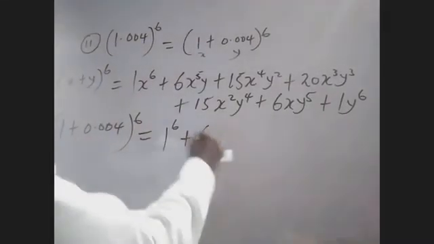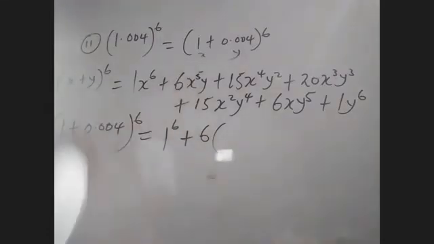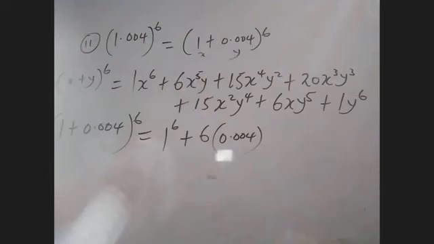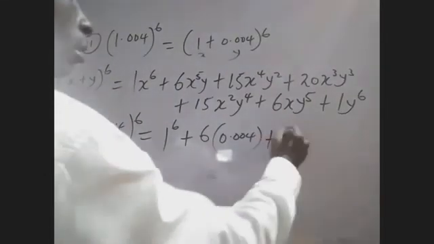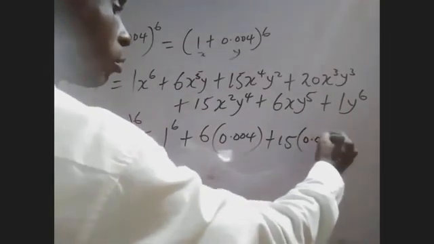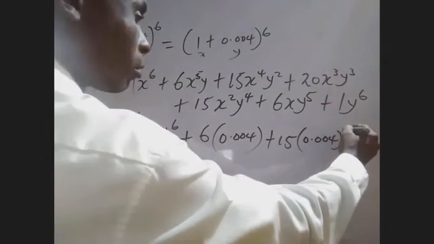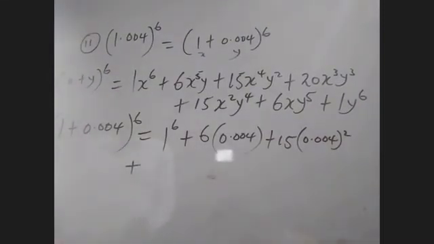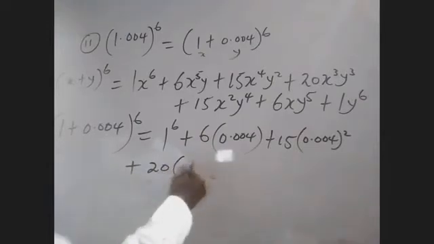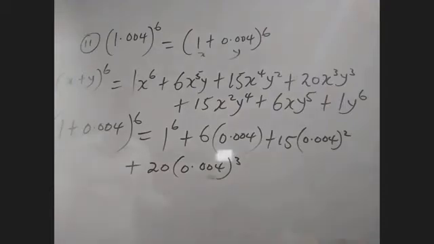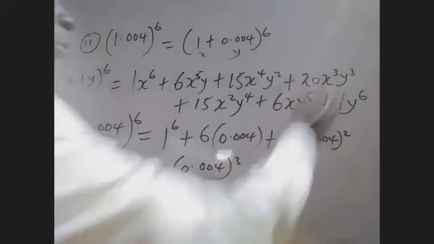So this will be plus 6 into brackets, the first one is 0.004, that's where you have y. Then plus 15 into brackets, this y square, 0.004 square. Then plus, the next one is 20 into brackets 0.004 raised to the power of 3. Recall, if you put 1 here, it's also going to give you 1.